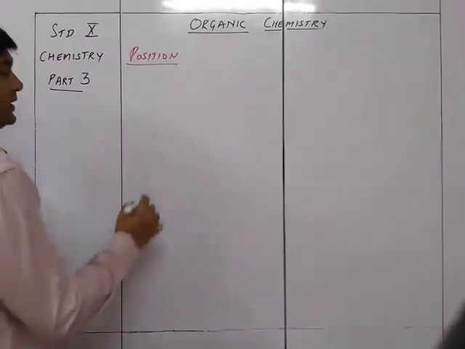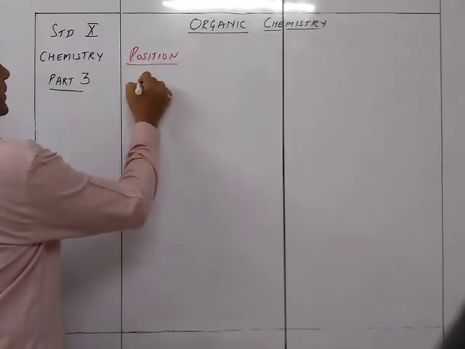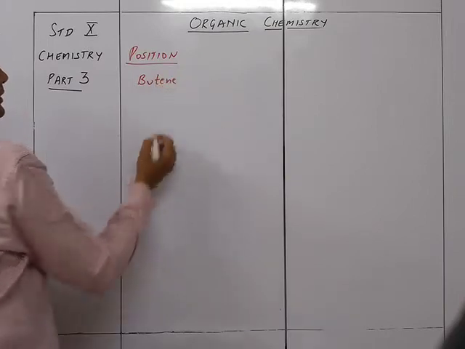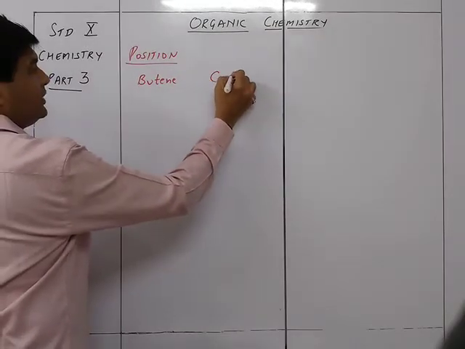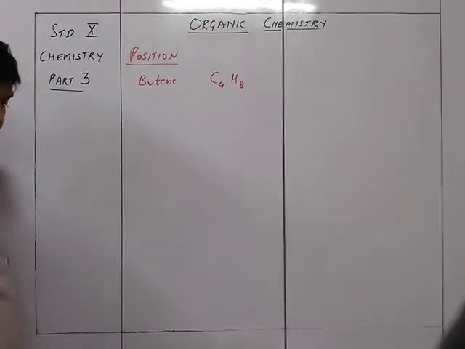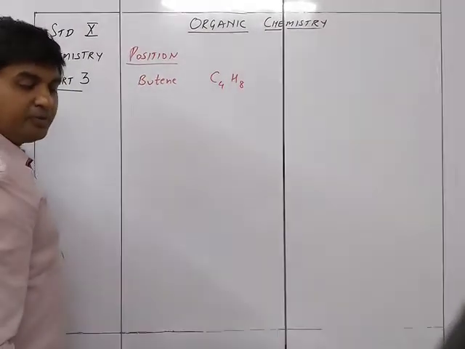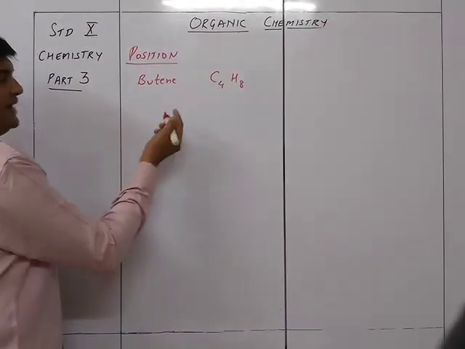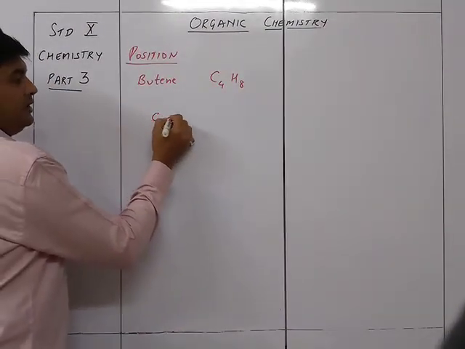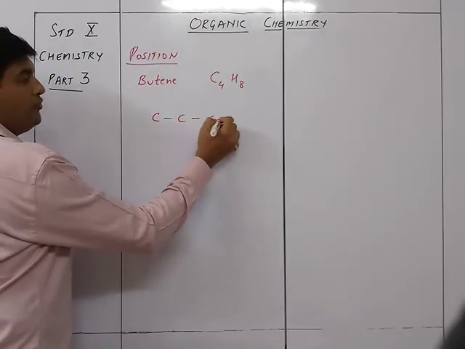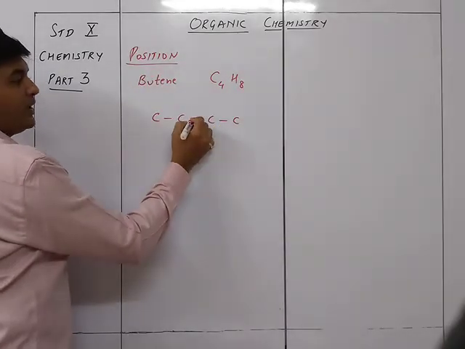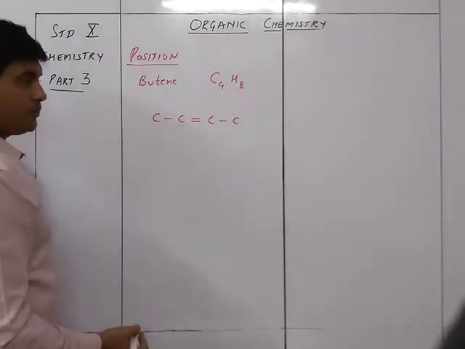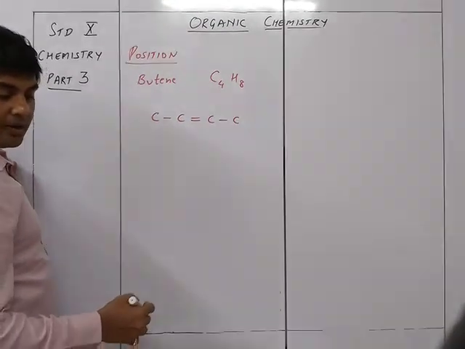So we have over here the first one as butene. Now butene is nothing but C4H8. So when it is butene, there will be 4 carbons, and one of them will be a double bond like this, and there will be H all around.